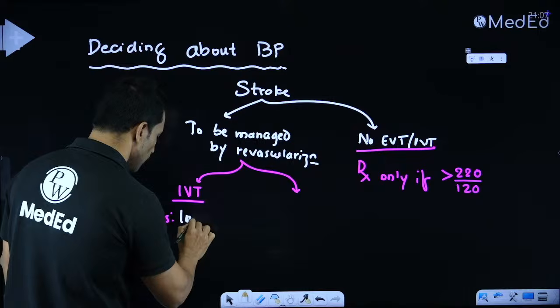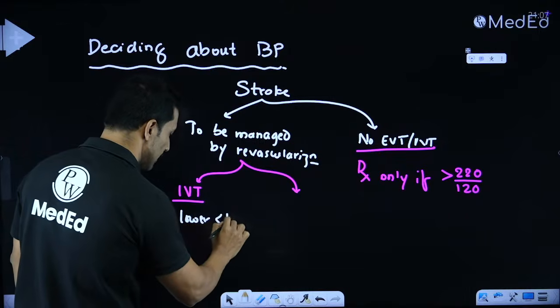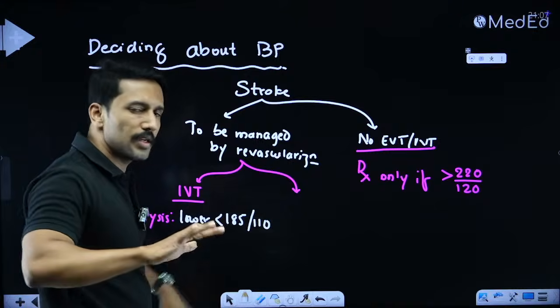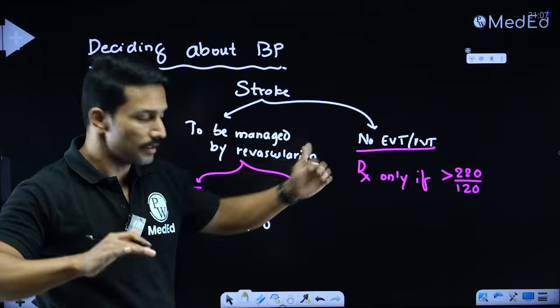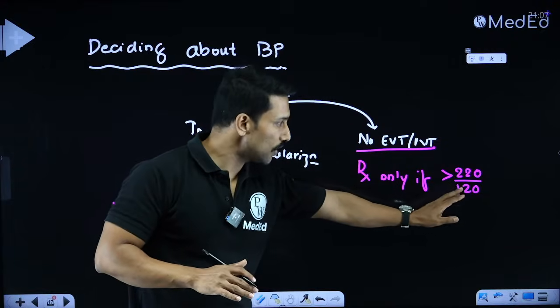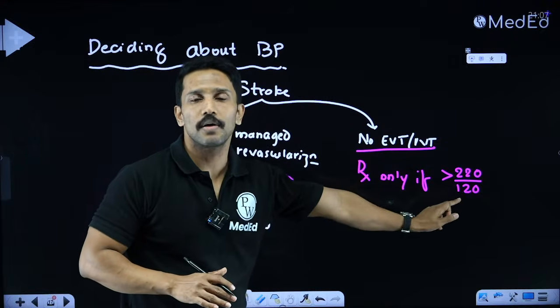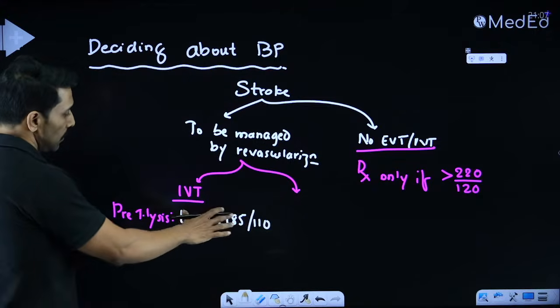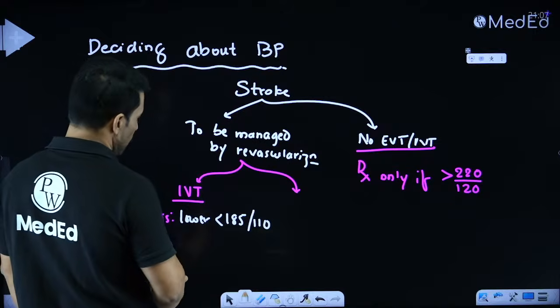If it is less than 185 by 110, already good, but if it is more than that, you have to lower it. If I'm not going for EVT or IVT, I will lower it only if it is more than 220 by 120. But for IVT patients, we'll lower it if it is more than 185 by 110.